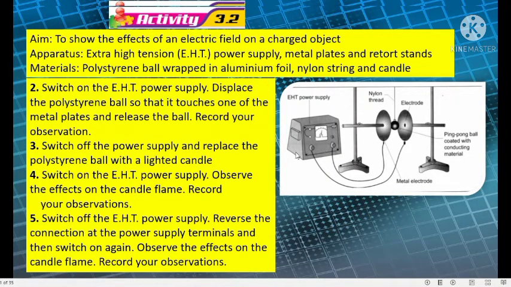When we switch on the EHT power supply, displace the polystyrene ball to touch one of the plates. Record your observation. Then you can switch off the EHT, and replace the ball with a lighted candle. Observe also what happens to the candle flame. From the observation, what can we say about the movement of the ping pong ball and what happens to the flame of the lighted candle?